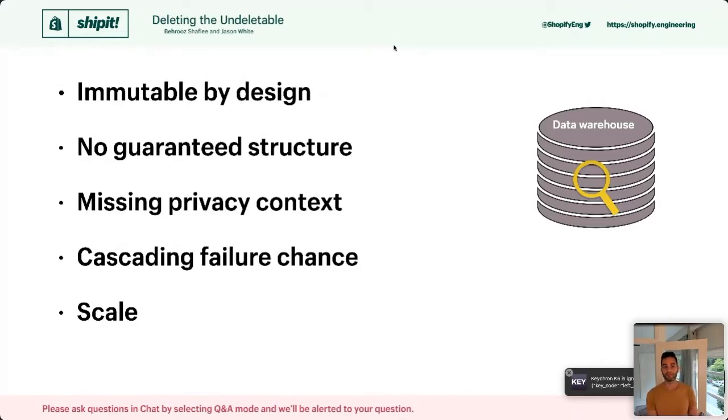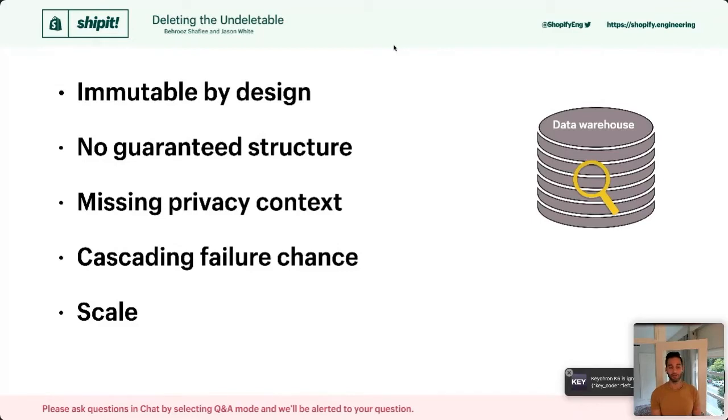And most of these events were collected in an ad hoc manner with no guaranteed structure. That meant, except for the person who created these events, nobody knew how to parse or read them, so they were essentially binary blobs. Next, they had their privacy context missing, and that meant even if we could find personal information, for example, an IP address, we couldn't say to whom it actually belonged, like what data subject owned that piece of PII.